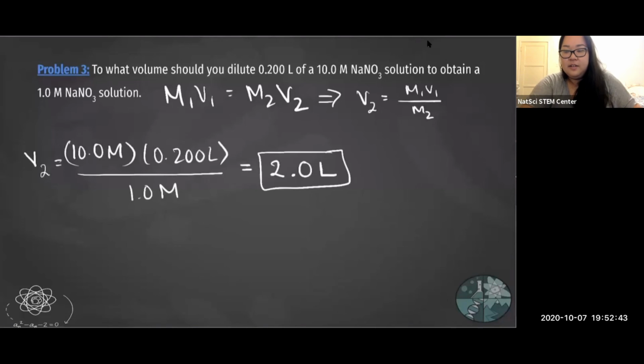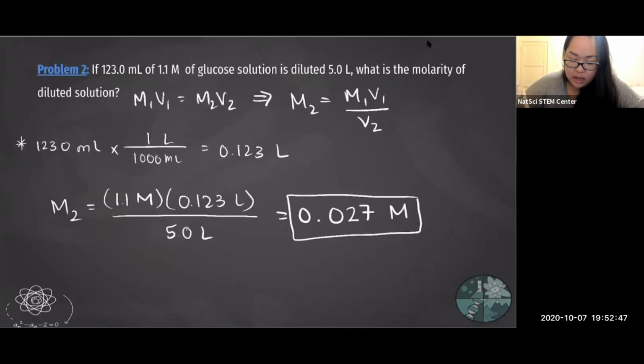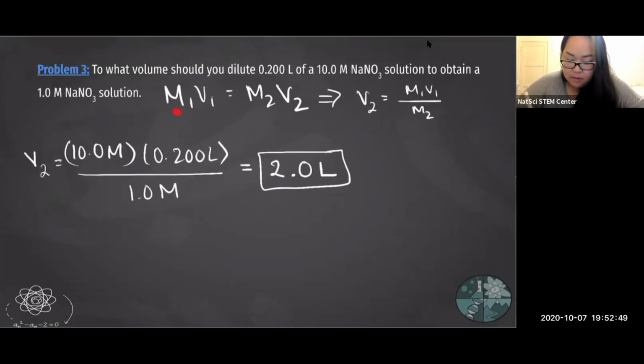Thank you. So for this one, first thing I did was I rearranged the M1 V1 to you want V2. So it's M1 V1 divided by M2. With that, everything is in the correct units, so you don't have to do any converting.